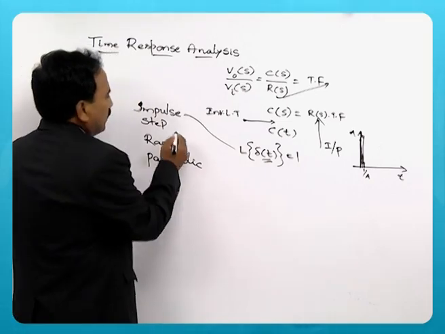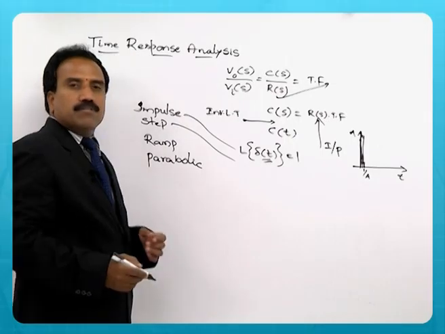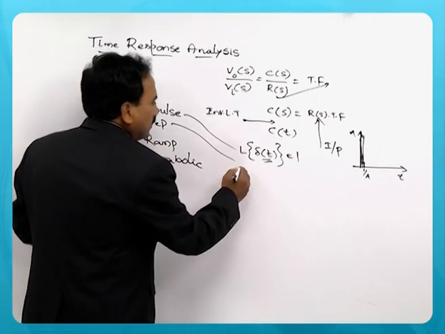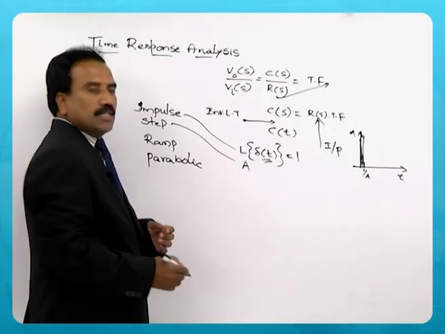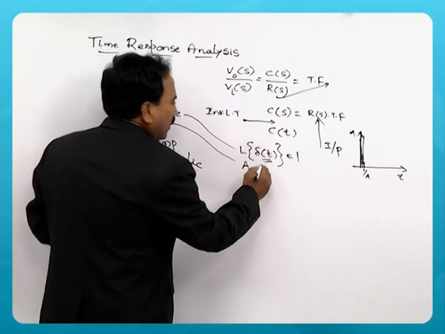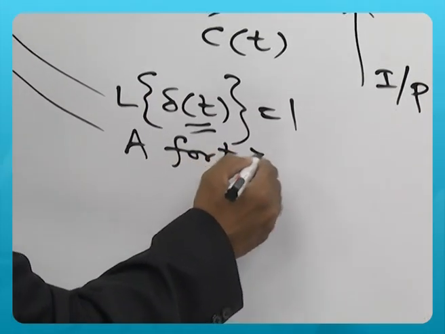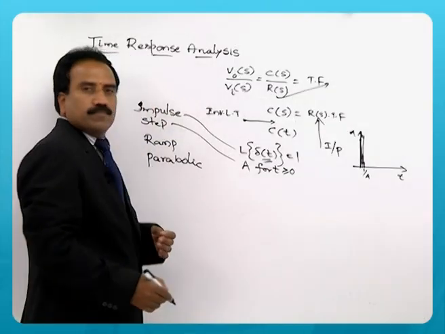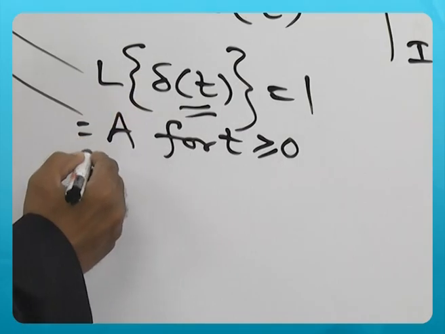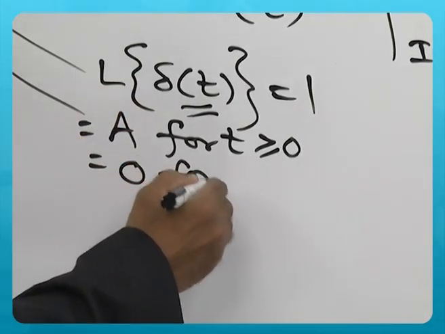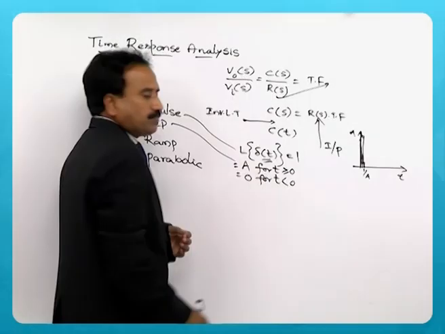Now, we have seen the step signal also. How is it represented? It has a magnitude of A for t greater than or equal to 0 and its magnitude is 0 for t less than 0.